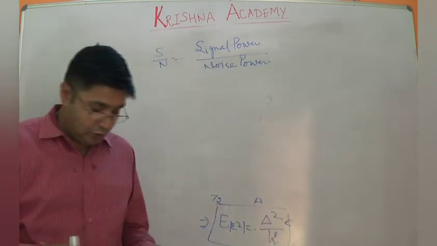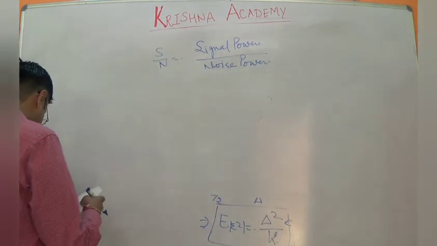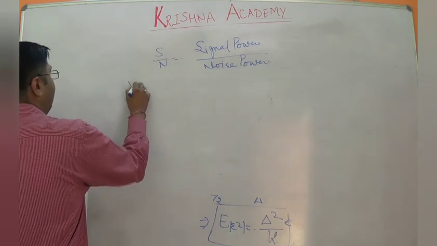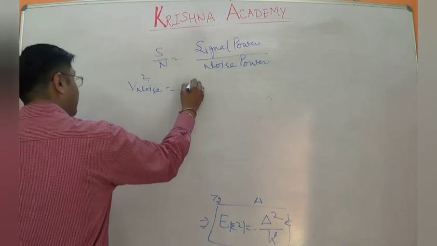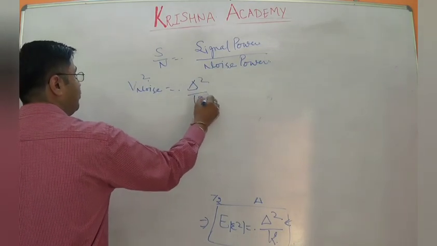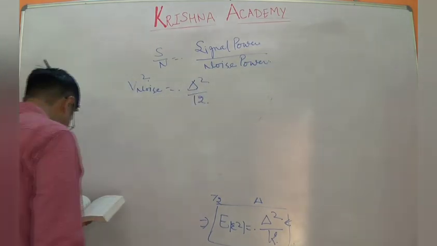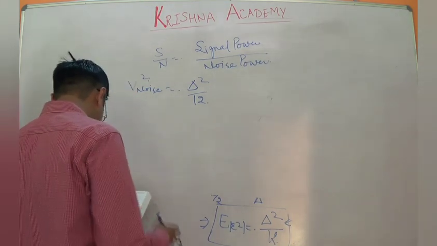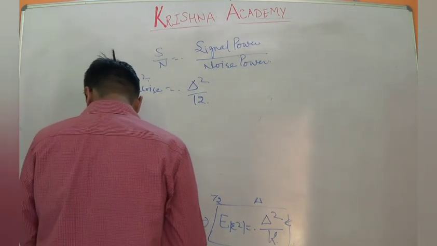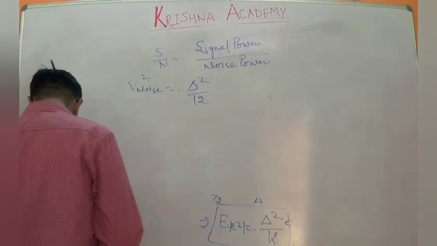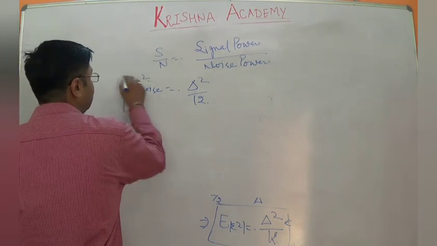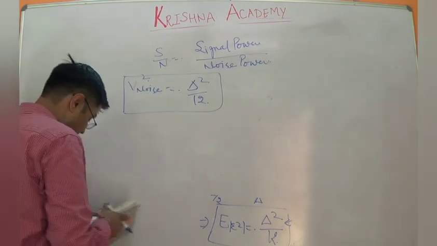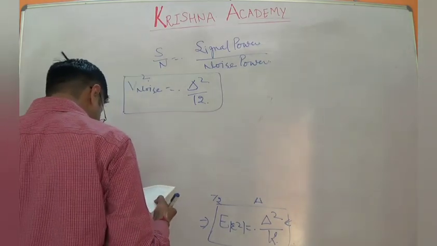Just putting the value over there, V square noise equals delta square divided by 12. Now just talk about the normalized value of this one. So for a linear quantization, we can say that this is the noise level in any kind of system.